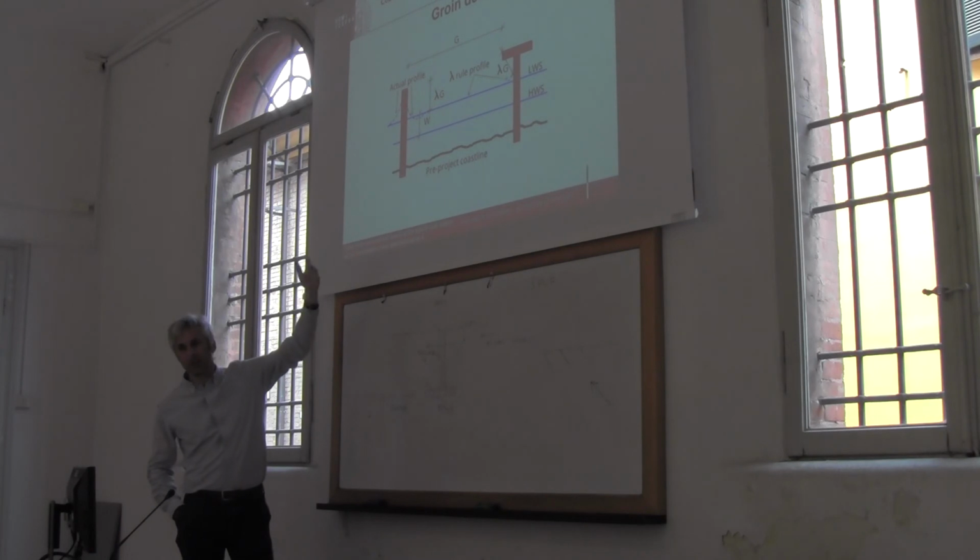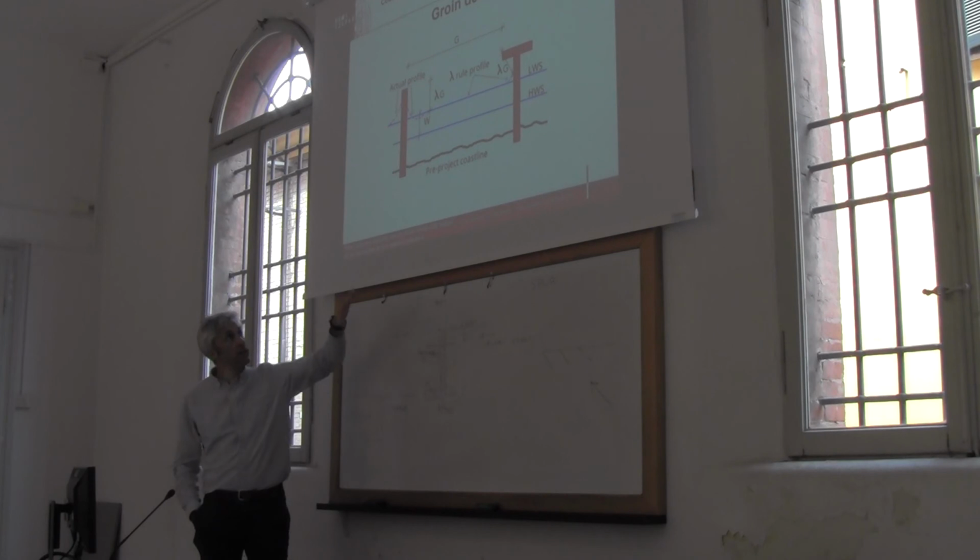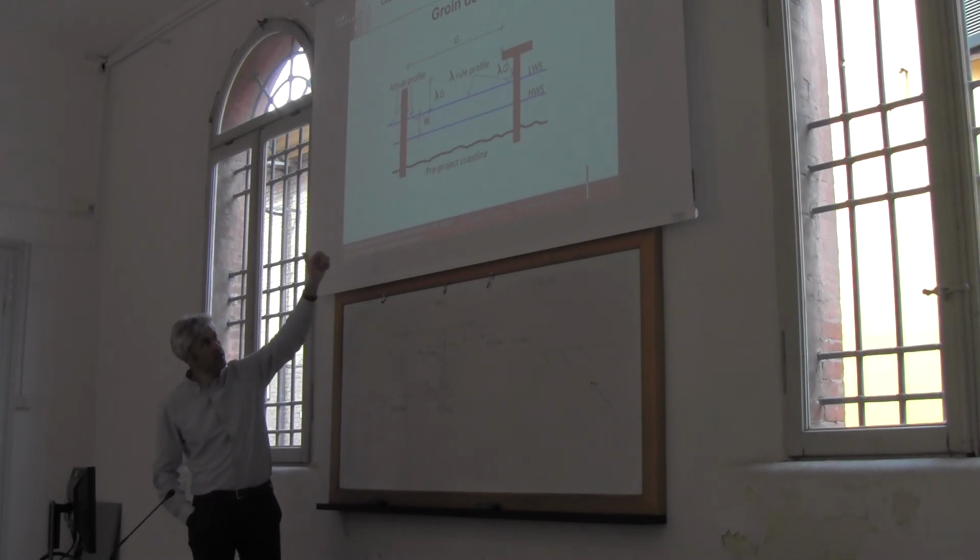Why don't you see any difference? Because usually the slope of the beach in the pre-project coastline is higher. After your project, you have a more gentle slope, and therefore you have a difference between the high water and low water shoreline, which may not be there in the pre-project case.